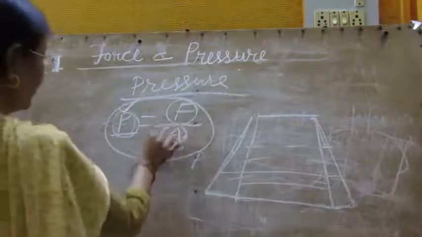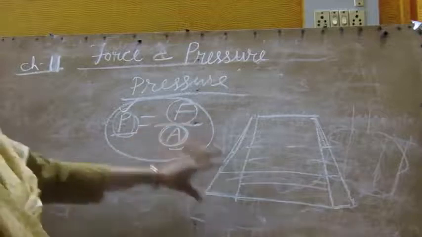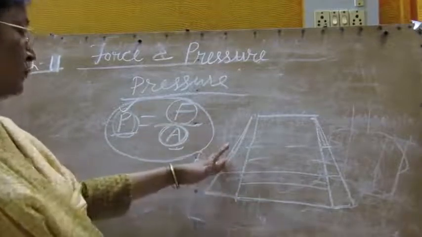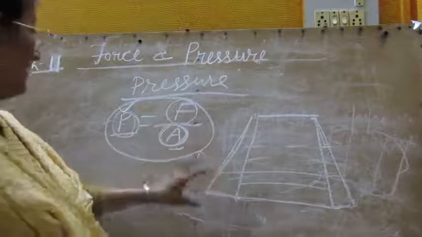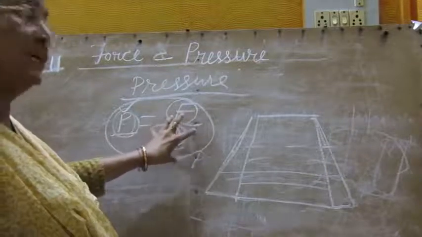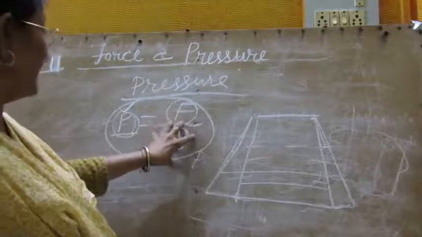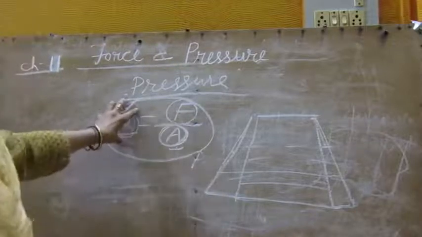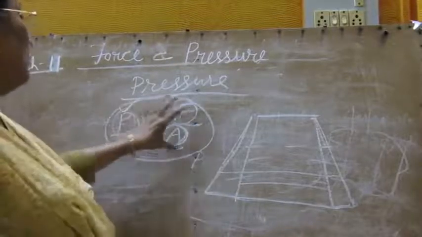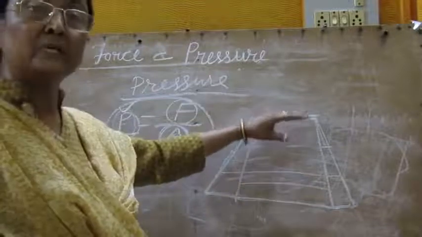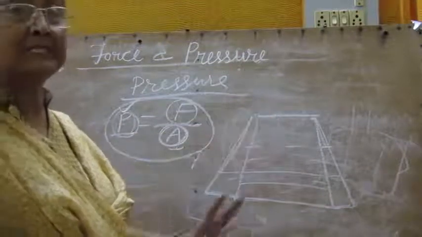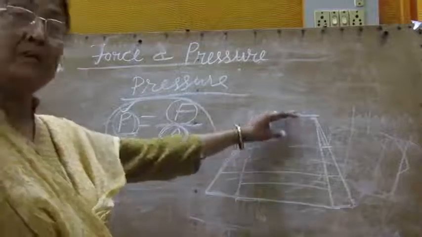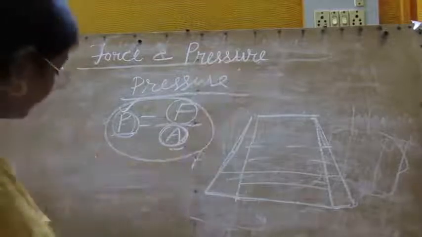That means we are increasing the area A, and if we increase the area, we decrease the pressure. In this way, we can lessen the huge water pressure on the wall and make our wall strong.